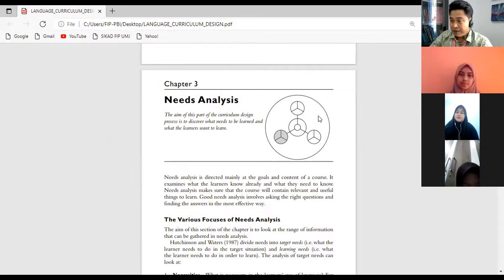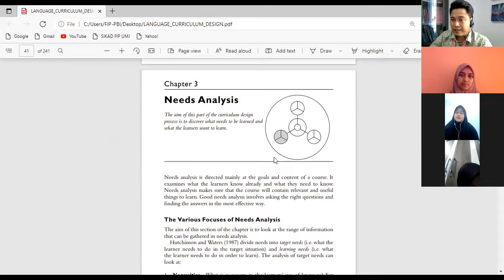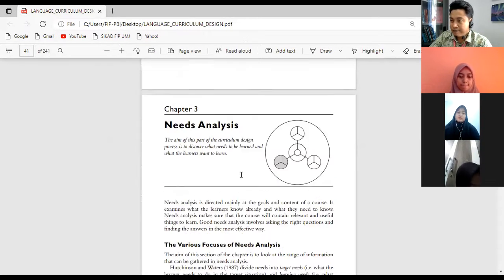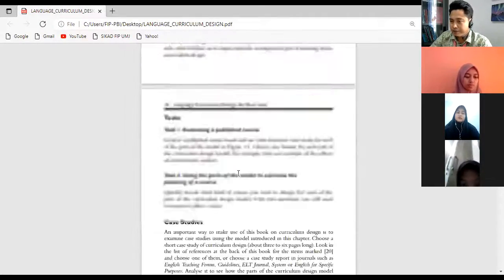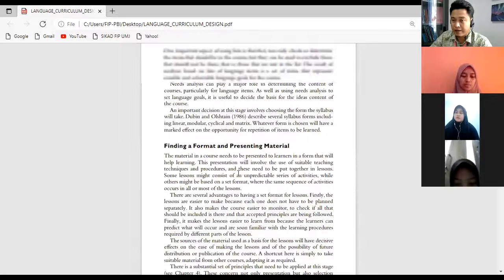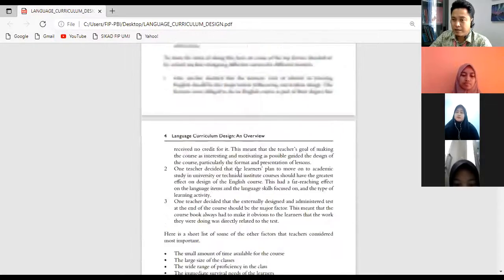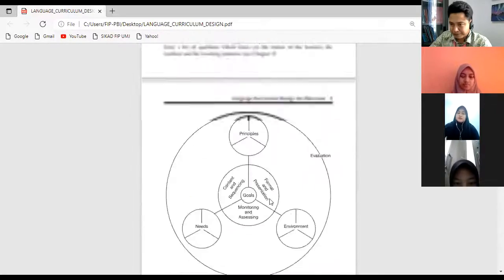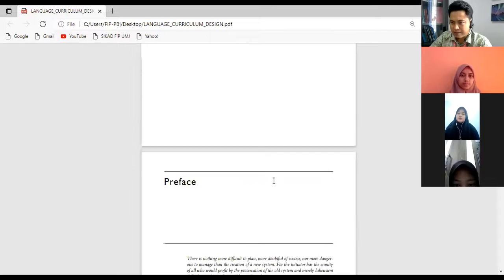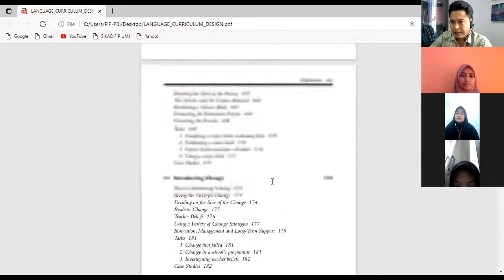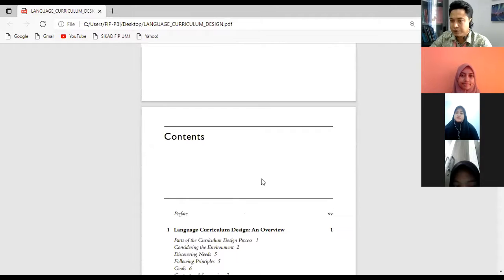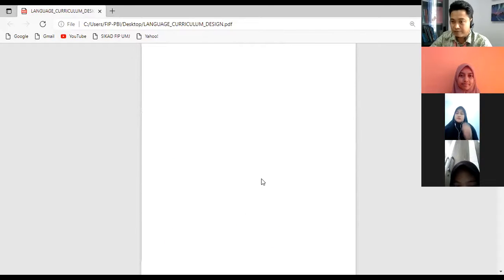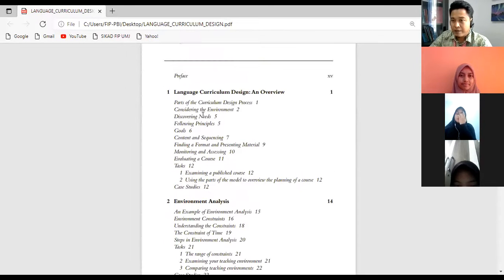So our focus today will be about needs analysis. Needs analysis here is the same as what we already discussed previously when we had a look at the content of this book. Needs analysis is the next step when you are trying to design the curriculum.